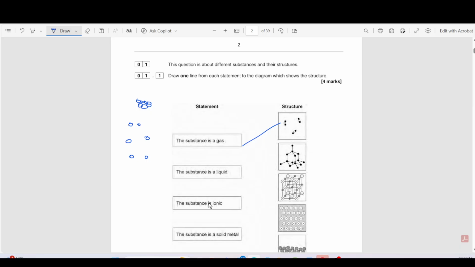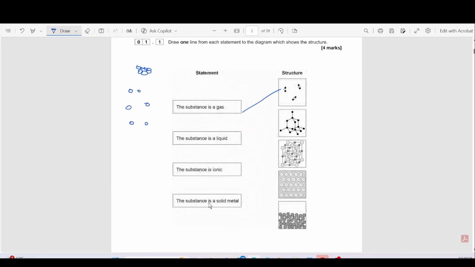The substance is a liquid. It will match with the one, two, three. Okay, let me just go down. It will match with this one because as you can see, they are close but not as close as solid.